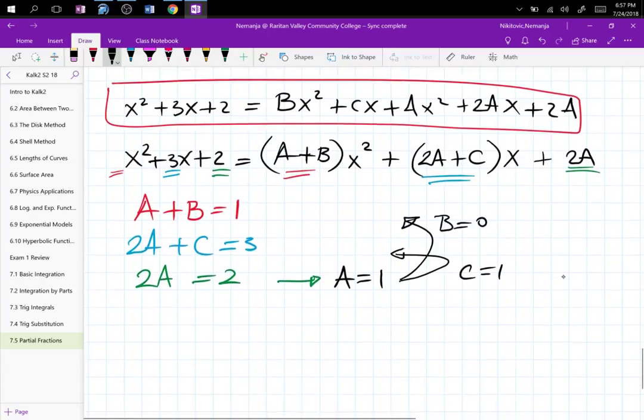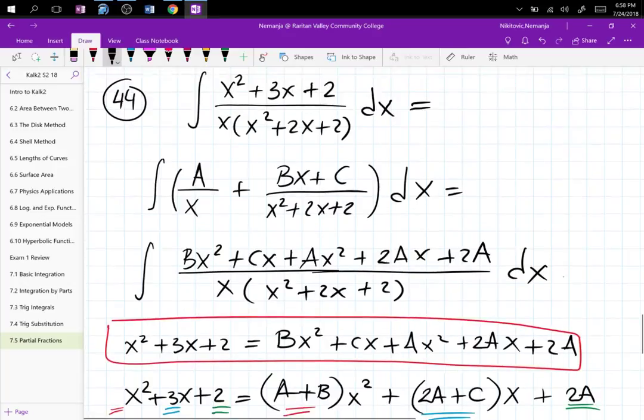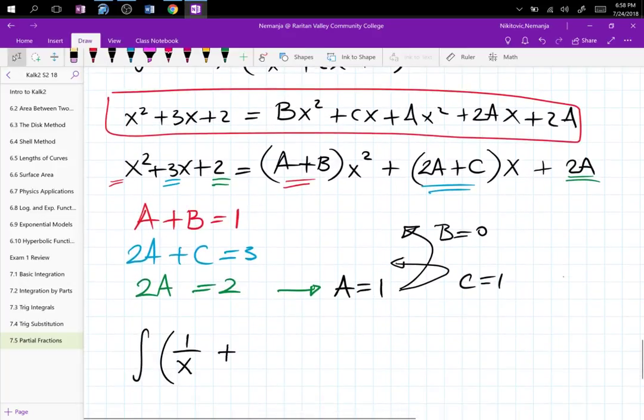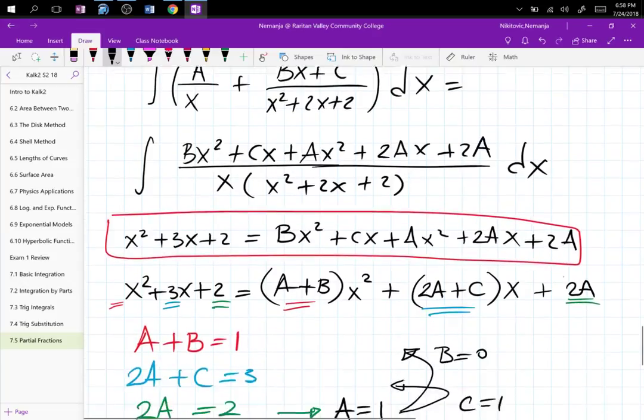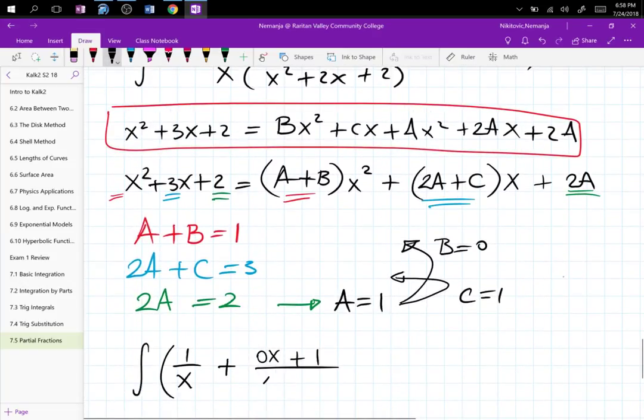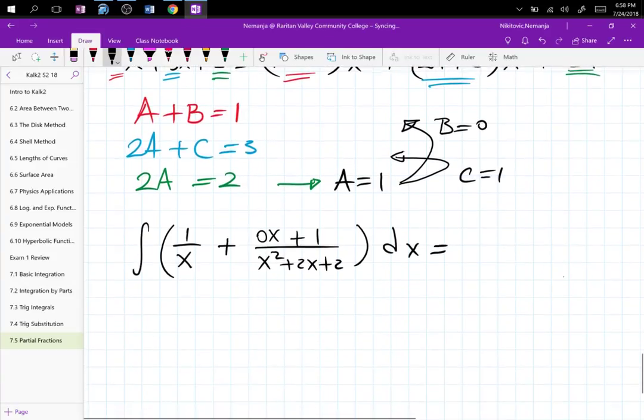So what do I have? I have the integral of 1 over x plus, what was my Bx plus C? So B, which is 0, x plus C, which is 1, divided by x squared plus 2x plus 2, and everything dx.